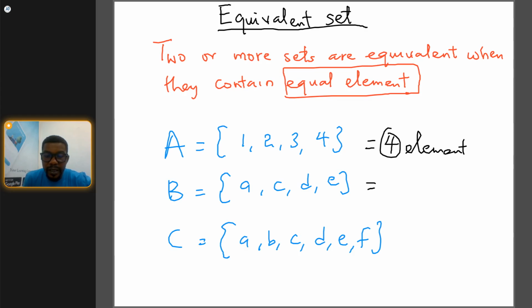How many elements do we have in set B? 4. Thanks for your response. 4 elements. And also in set C, how many elements do we have?